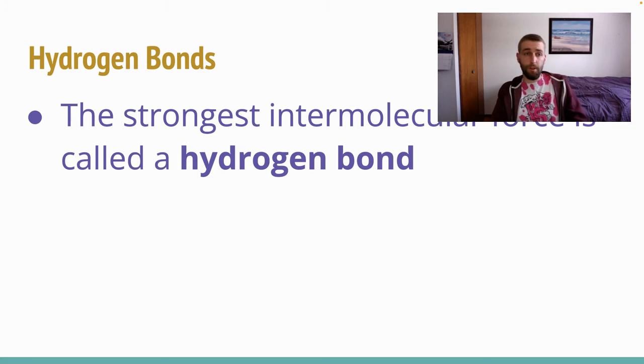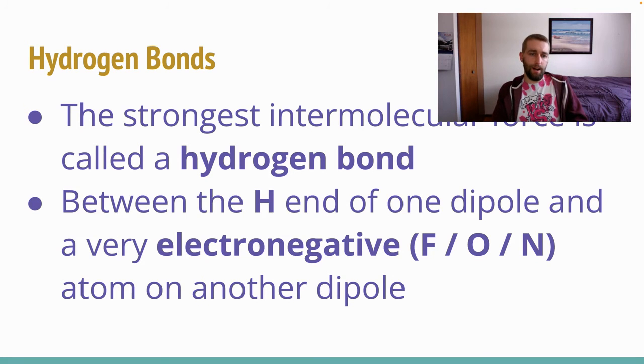The most important type of intermolecular forces is hydrogen bonds. Hydrogen bond is a specific kind of intermolecular force that happens between hydrogen on one molecule and, on another molecule, fluorine, oxygen, or nitrogen.